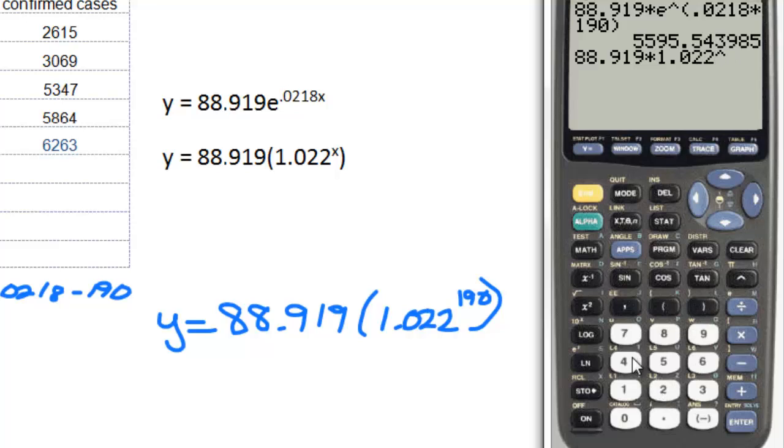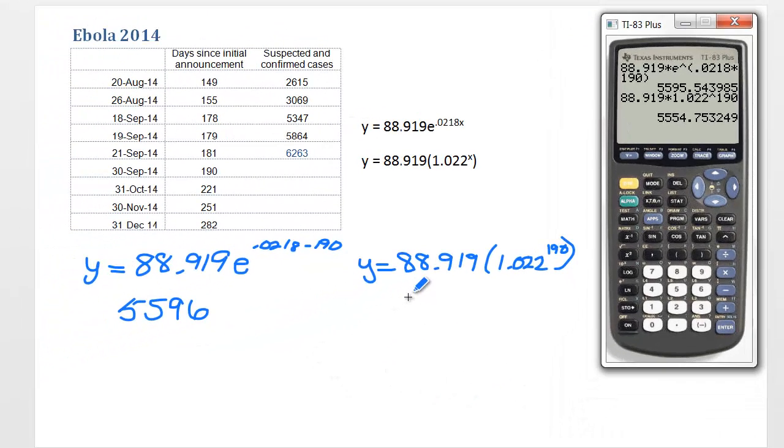Raising that to the 190th power. The graphing calculator is smart enough to know the order of operations, which will take this number to the 190th power and then multiply it by the value that we're looking at. And this model predicts 5,555 cases.